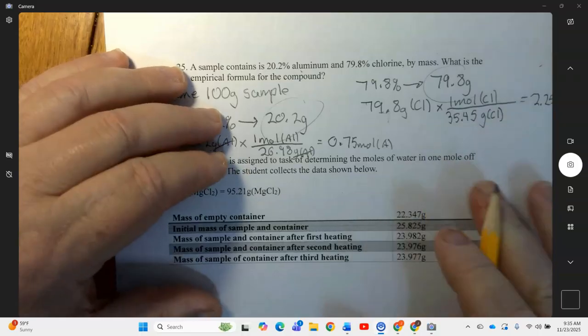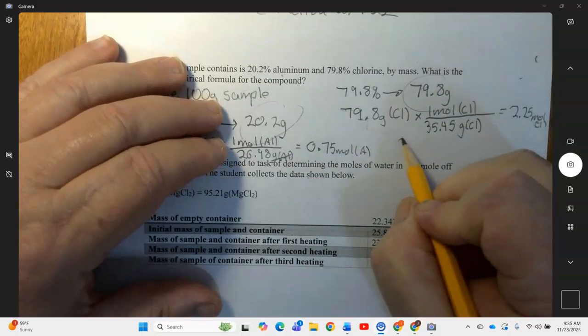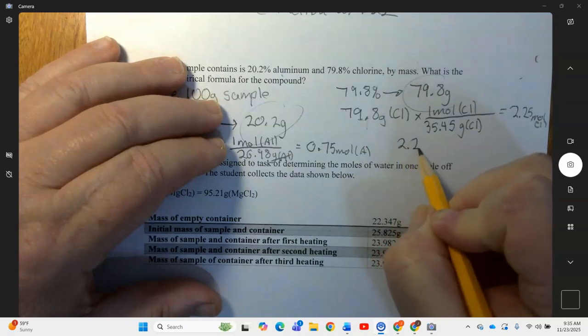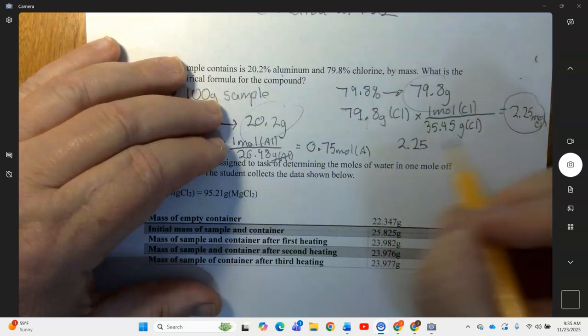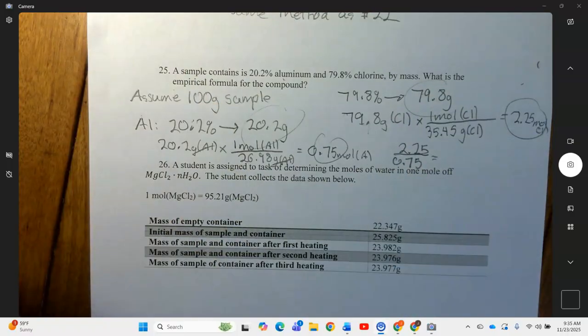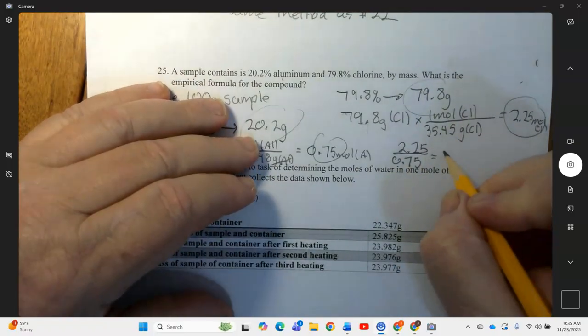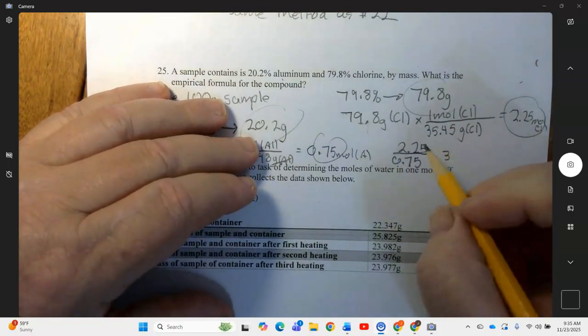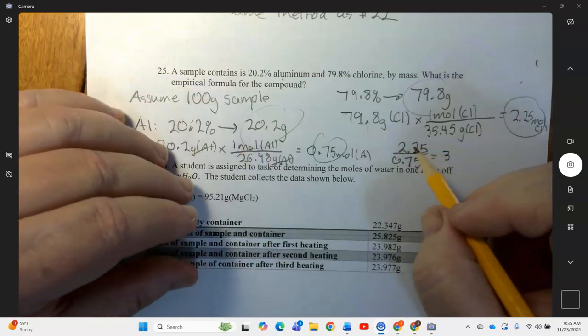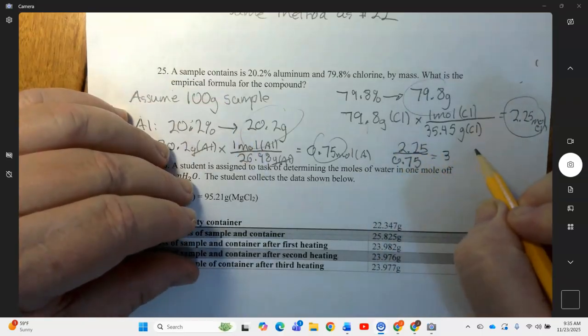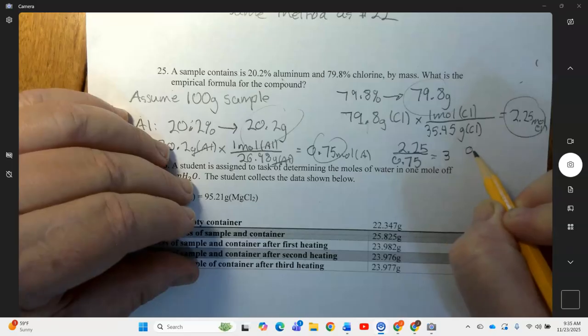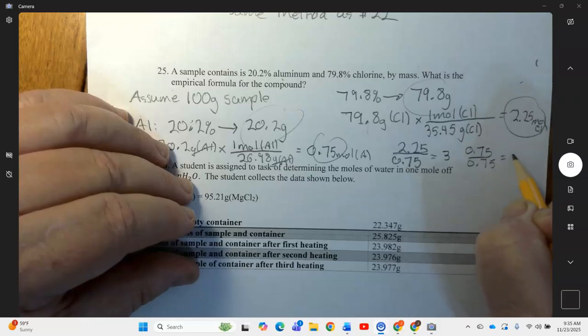Okay, now you make a ratio out of these two. Smallest one on the bottom, these two right here, this and this. And you get 3. And for the smaller of the two, so this is for chlorine, and for the smaller of the two, aluminum, it's just over itself. 0.75 over 0.75 equals 1.